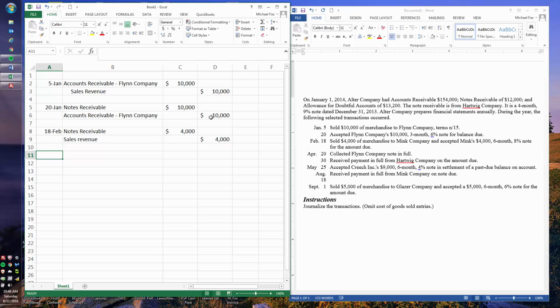All right, on the 20th of April, collected the Flynn Company's note in full. So here's where we have to start figuring out interest. What's going to happen when we collect a note is our cash is going to increase, right? And our note receivable is going to decrease.